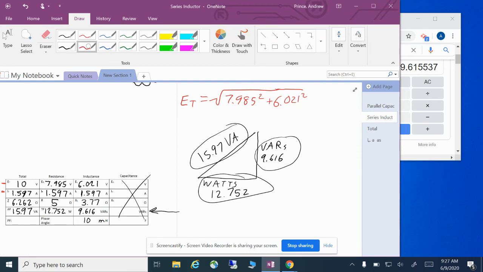So the last two things we have here is our power factor and our phase angle. So power factor, the formula we use most often, is just going to be our true power divided by our apparent power.